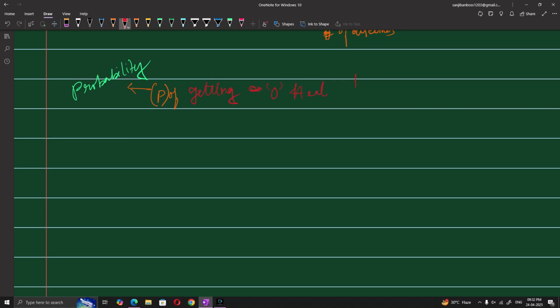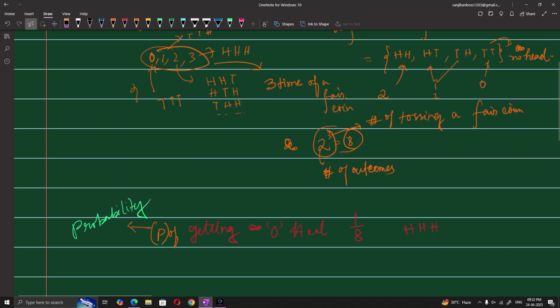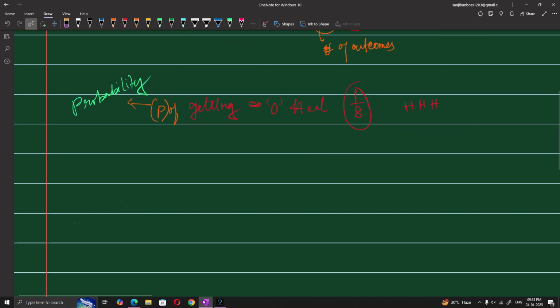What is that? 1 by 8, because here you can see H, that is probability 1 out of 8 sample space. So 1 by 8, this is the number I have written.